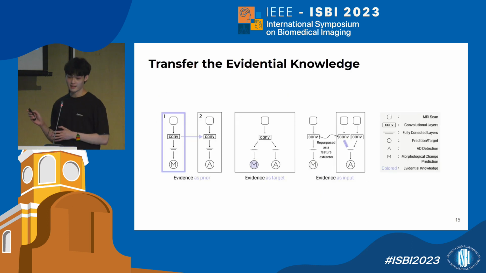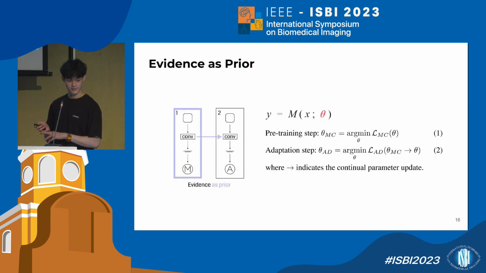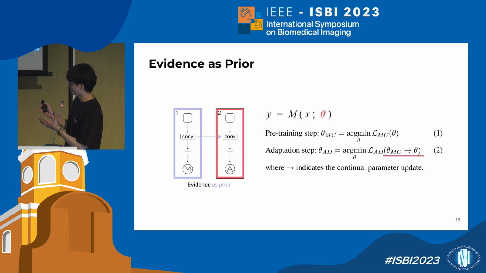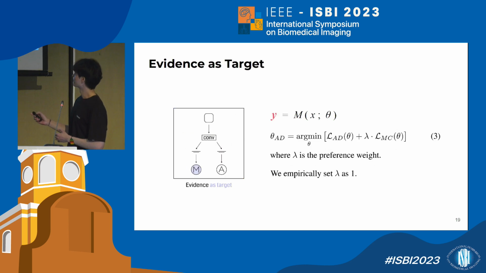With that in mind, allow me to elaborate how we transfer the evidential knowledge to AD detection as model prior, target, and input. The first setting is evidence as prior, where we first train the model on the MC prediction task, and after that, the parameters learned from the MC prediction are used as the initial parameters for the training of AD detection.